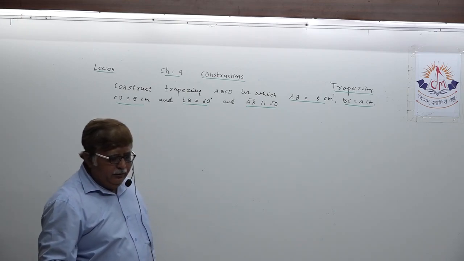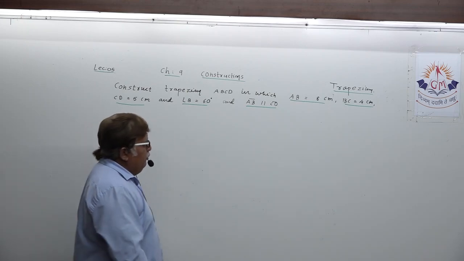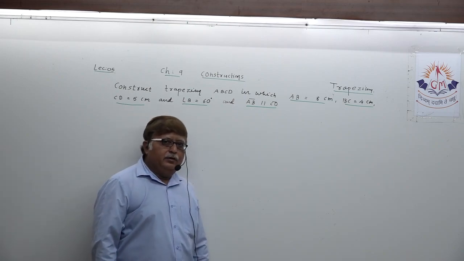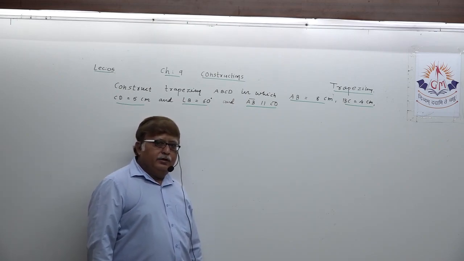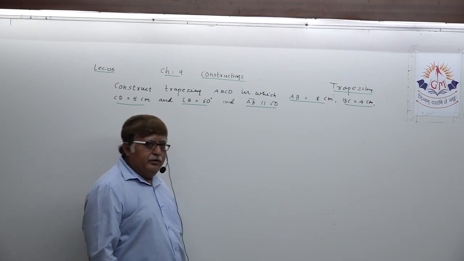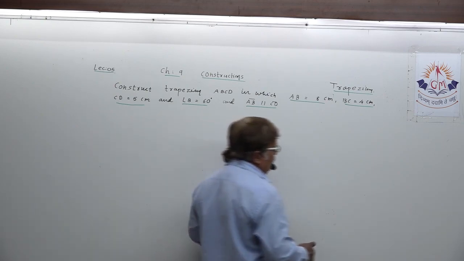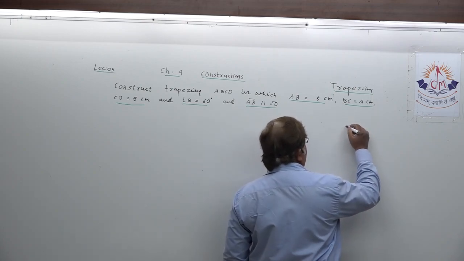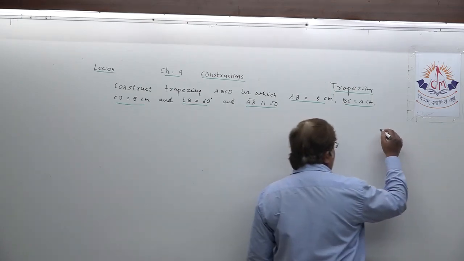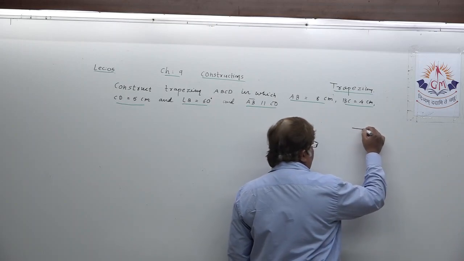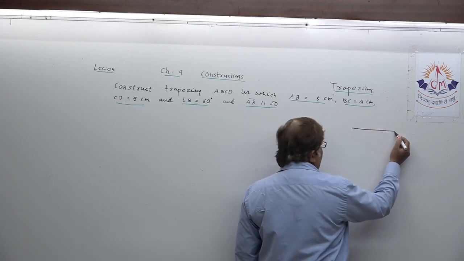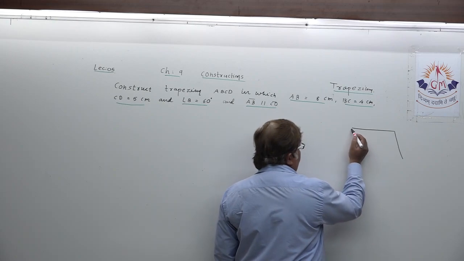See, dear student, whatever two sides are parallel, understand, one of the sides needs to be the base of the trapezium. Okay, suppose let us try to get some rough sketch of trapezium. It is going to look like maybe this way.